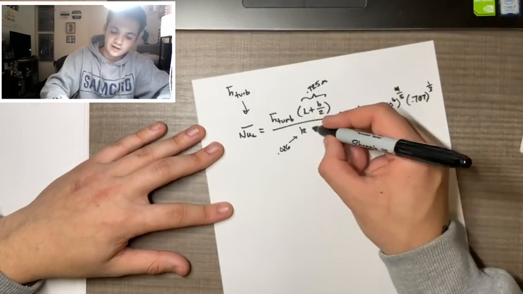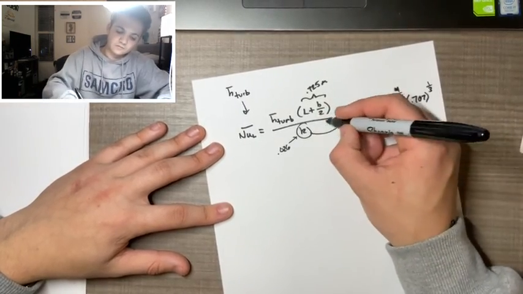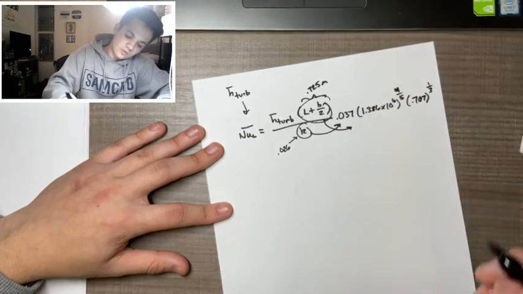So we multiply this k over and then divide by this.